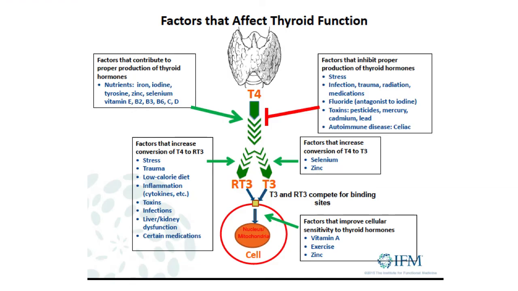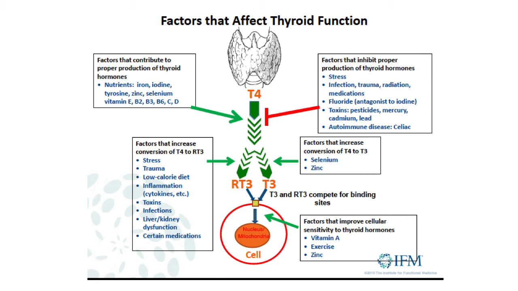So why all the fuss about the T3 and reverse T3? A lot of things will impact whether more T3 is present or more reverse T3 is present. In this diagram, you can see that T4 is being put out by the thyroid gland, and then it's being converted either into T3 or into reverse T3. Many things will impact this conversion.